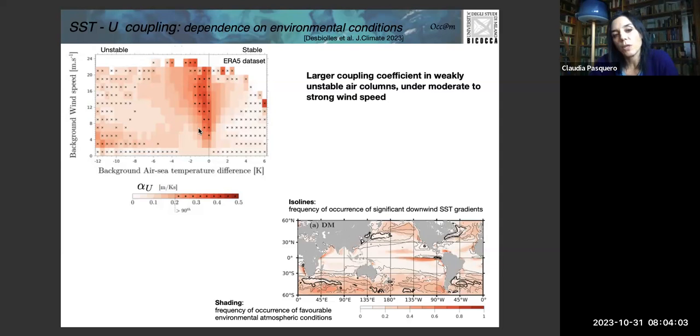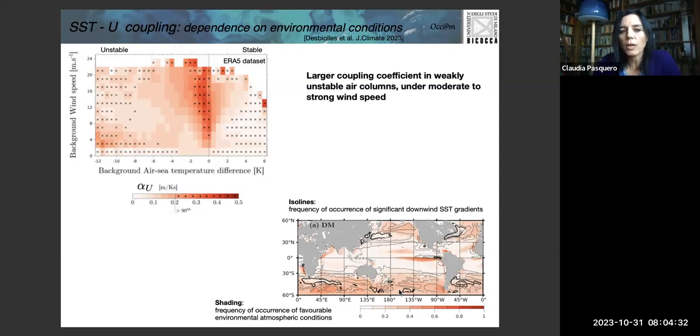It makes a lot of sense, because for very stable or very unstable conditions, changing the sea surface temperature a little bit doesn't affect much the stability properties of the atmosphere. So the largest effects are near neutral stability, and the lower panel shows where those conditions are typically met, so there is, again, a geographical redistribution.